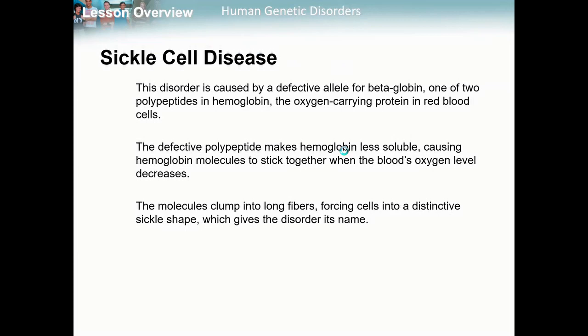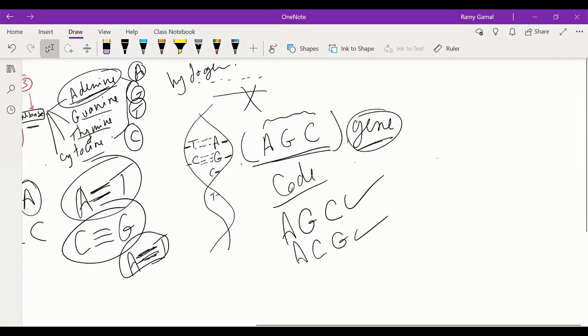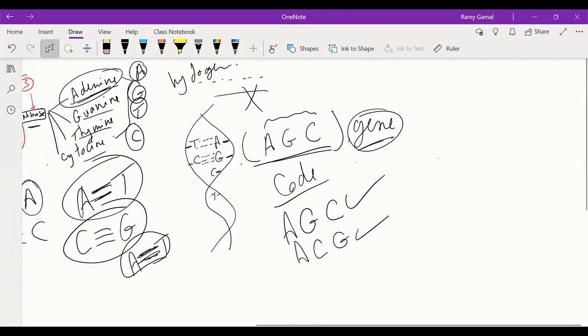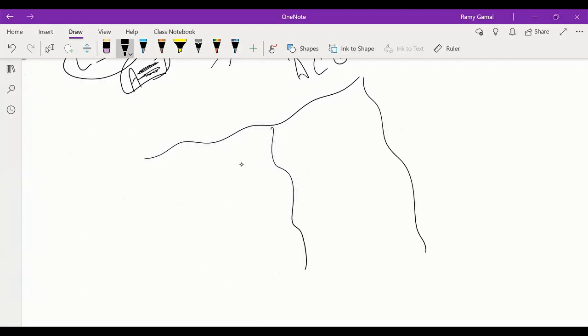We have something called sickle cell disease or sickle cell anemia. What is sickle cell anemia? Sickle cell anemia is a disease caused by a recessive gene. Recessive means not a common gene. So what happens? Sickle cell anemia means the person has sickle-shaped red blood cells.